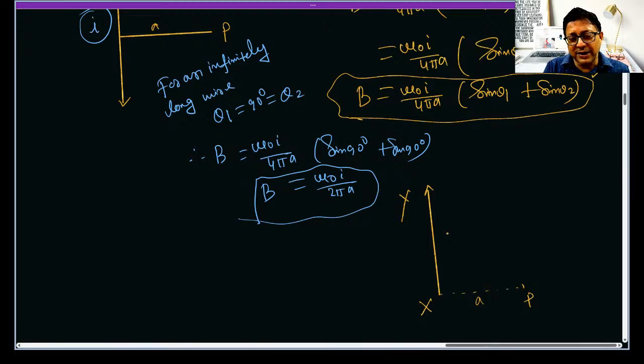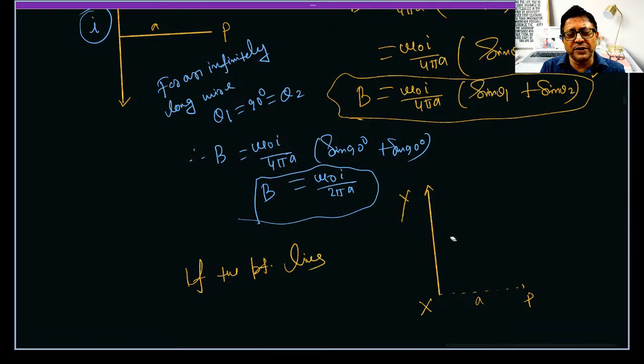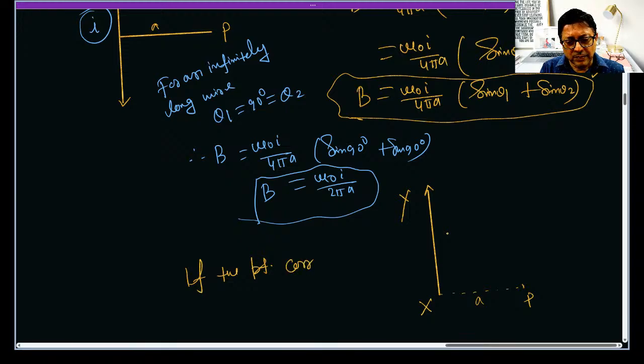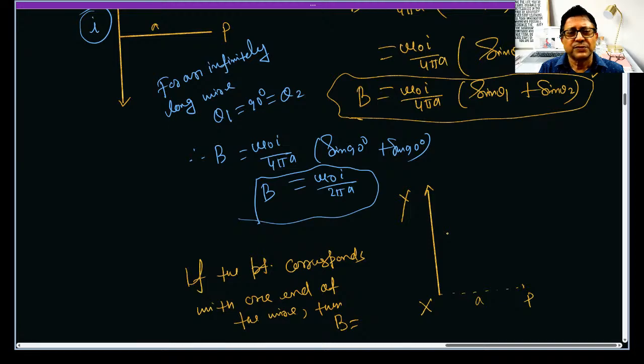So the magnetic field here, if the point P lies or corresponds with one end of the wire, then B equals what?